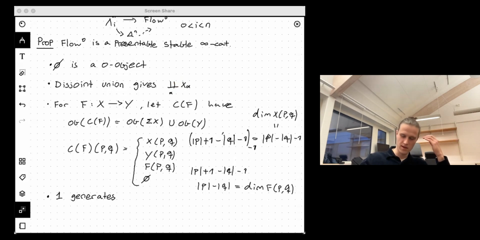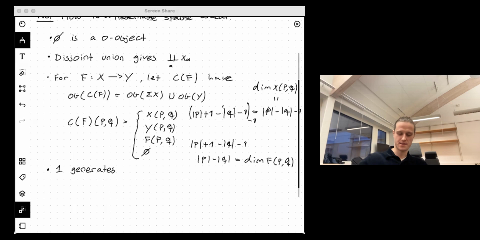So to be presentable, we just need to find a set of generators. And in fact, we're in a very, very nice situation here where the flow category with one object generates. This is maybe not so surprising, because if I have one, then I can construct its arbitrary suspension.